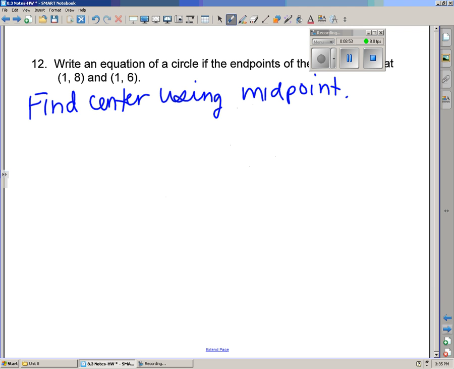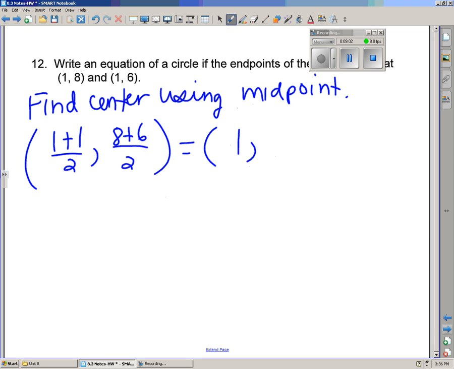And that would be, then, I've got 1 plus 1 cut in half, 8 plus 6 cut in half. So my center is going to be 2 divided by 2 and 14 divided by 2. Here's my center. To find the radius, well, the radius is just the distance from the center to an endpoint.